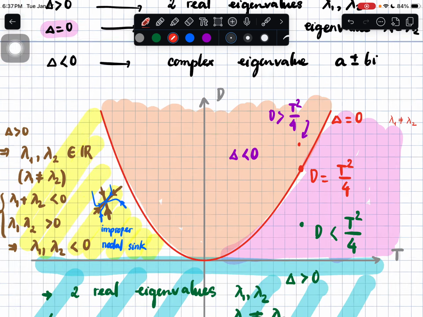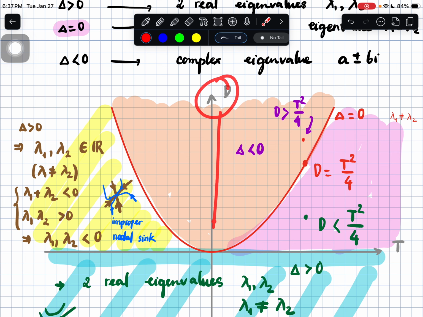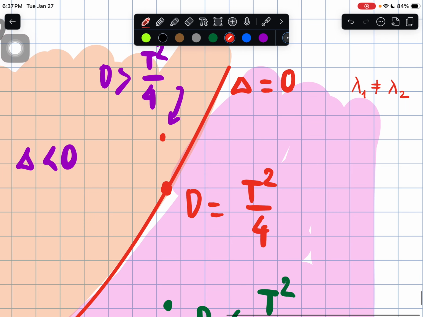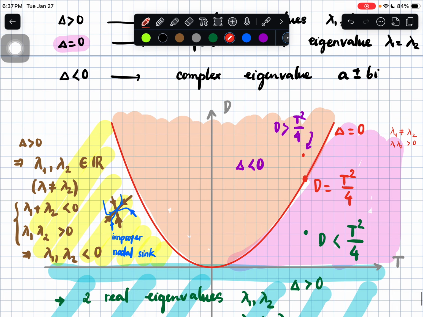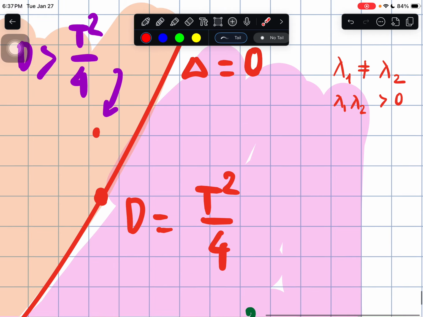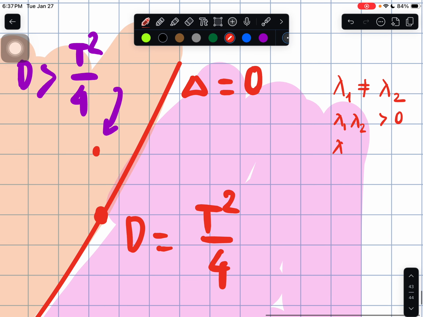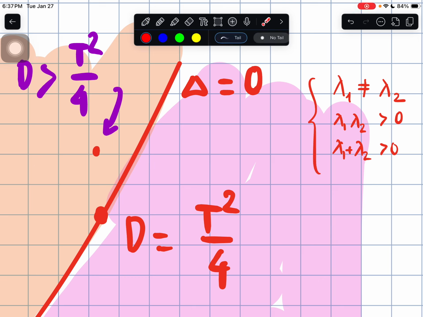The determinant is positive. The product is positive, so lambda 1 and lambda 2 must be of the same sign. The trace is positive, so the sum is positive, lambda 1 plus lambda 2 positive. So we know that they have the same sign and the sum is positive. Both of them must be positive.